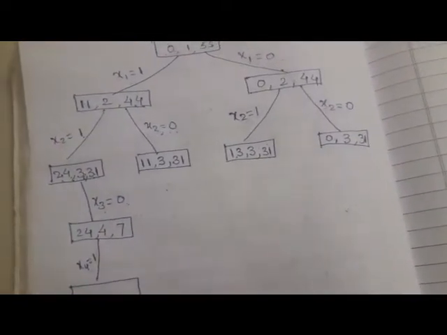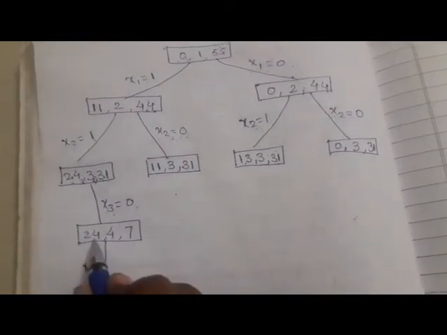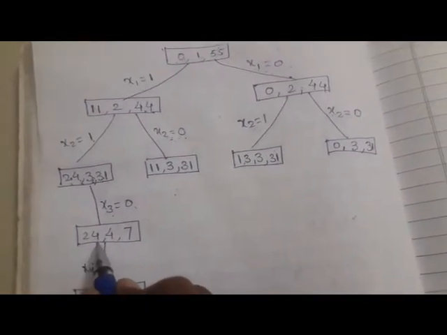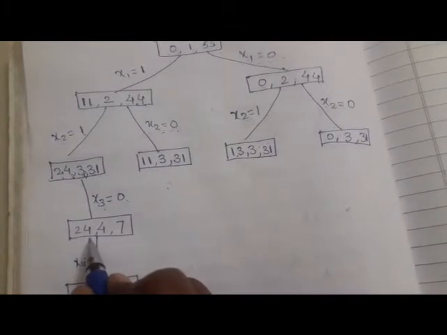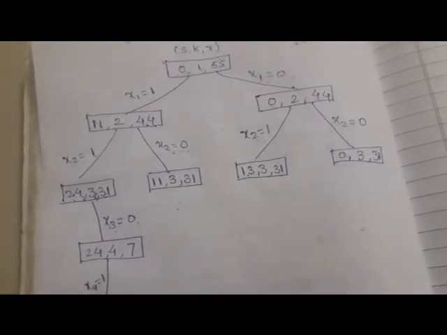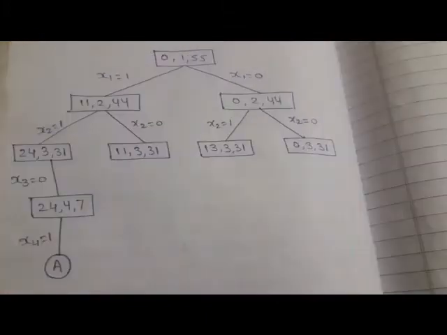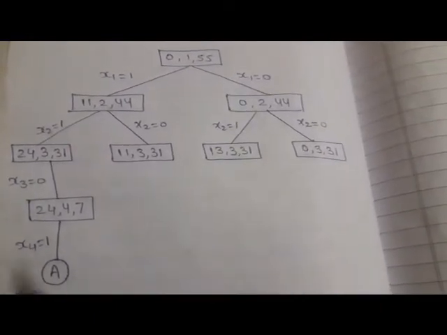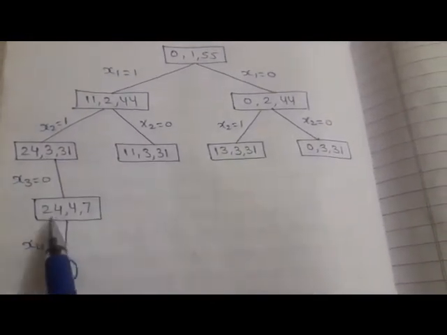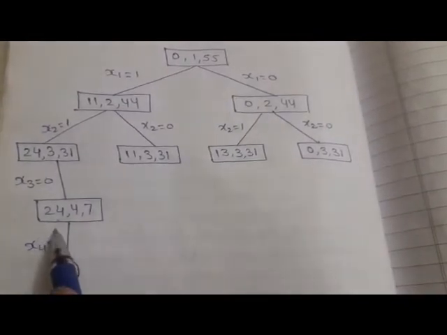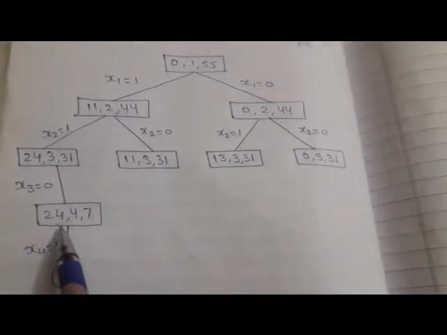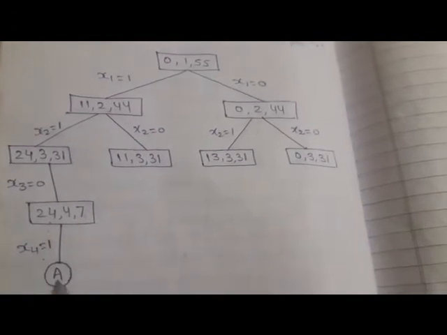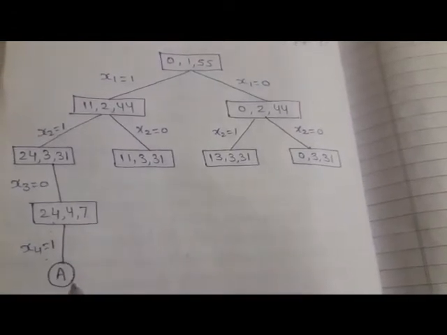So when we add x4, that is weight 4, into this 24, so 24 plus 7 is 31. So we achieve the m, that is 31. So now this is our first solution.